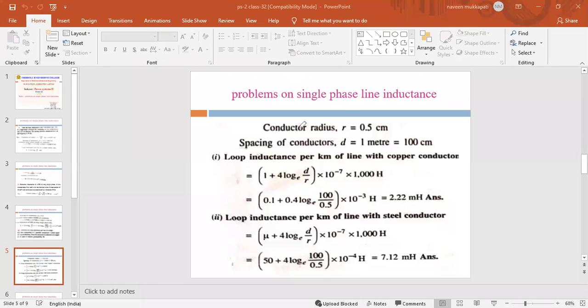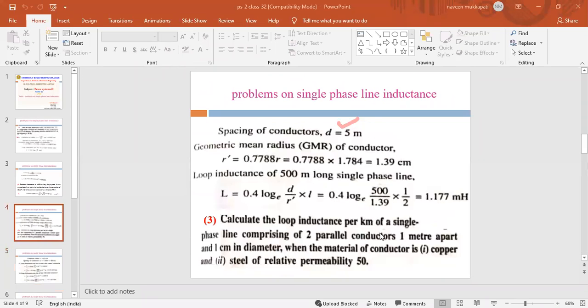First of all, the conductor radius R is equal to 0.5 centimeters. The capital D is equal to 1 meter.